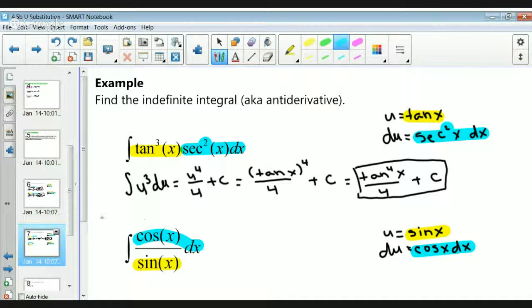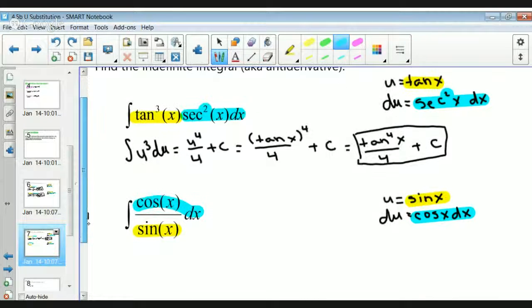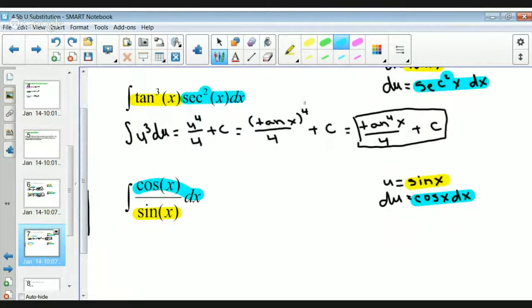All right, so now let's go ahead and rewrite this integral in terms of u. So I still have the integral. Now on top I actually have blue, which is du, right? And on bottom I have u. So you can rewrite this as du over u, or if you prefer, 1 over u du. Either way.